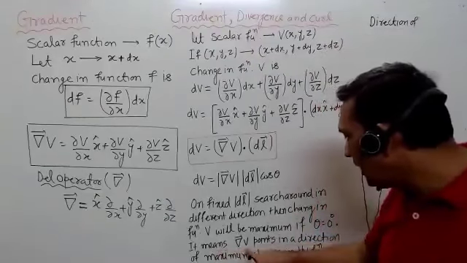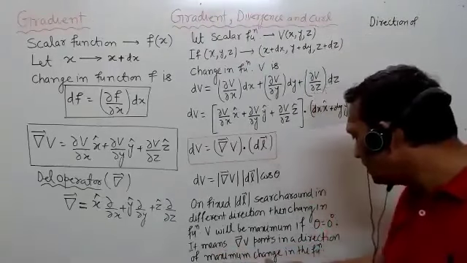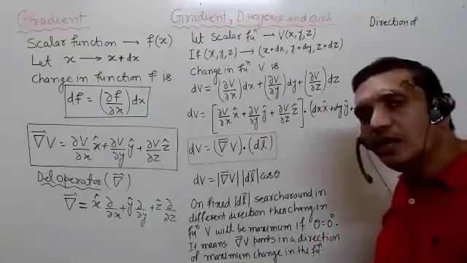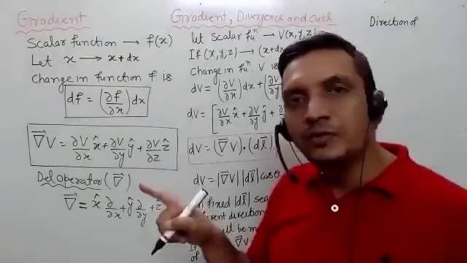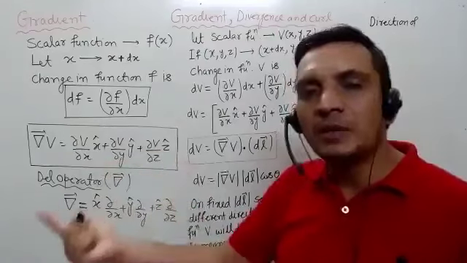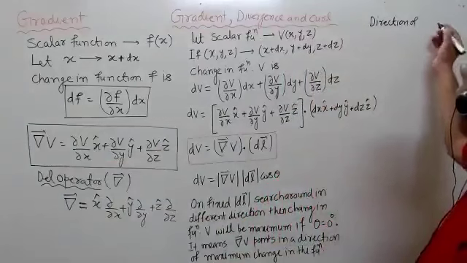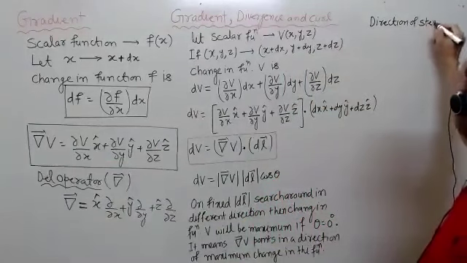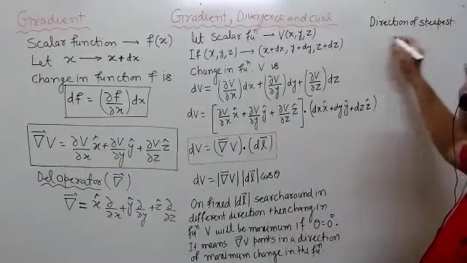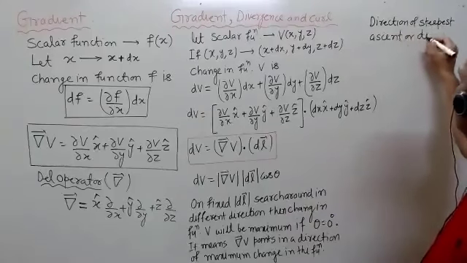It means gradient v points in the direction of maximum change in the function. If you move in the gradient v direction, there will be maximum change in the function. So that is the direction of steepest ascent or descent.